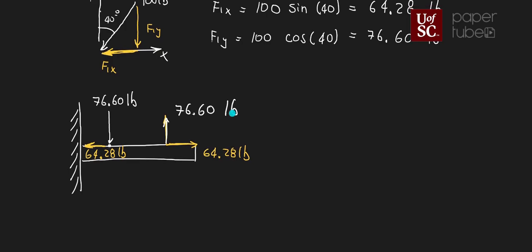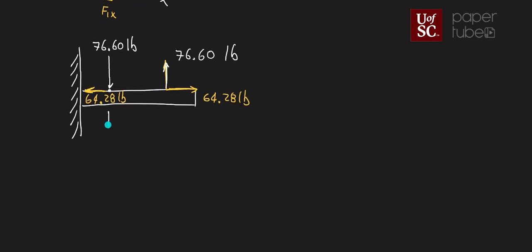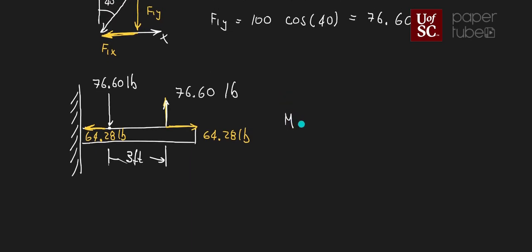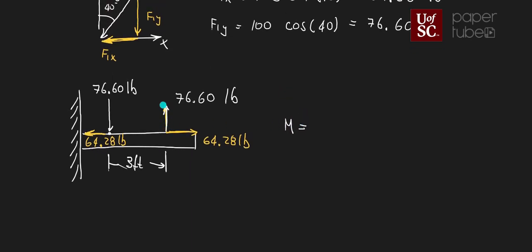All right, so let's look at this for a second. What I see is that these two forces, the ones that are in yellow, are not creating any moments in that rigid body because they are in the same line of action, so there is no perpendicular distance between them. But these white forces are creating a moment because they have a distance between them, and that distance, based on the problem statement, was 3 feet. So my moment is going to be equal to, first I need to define the sign.